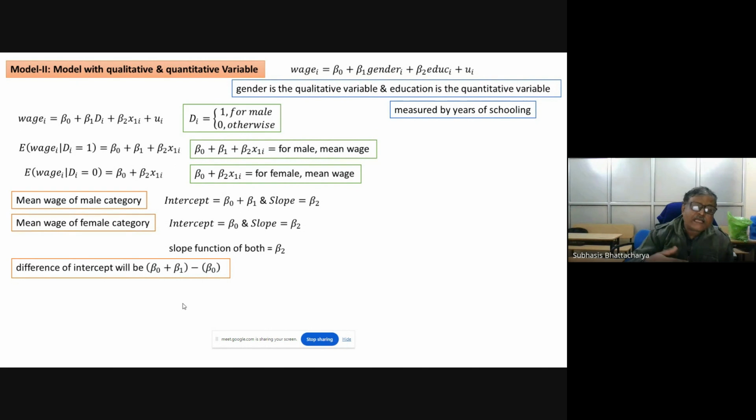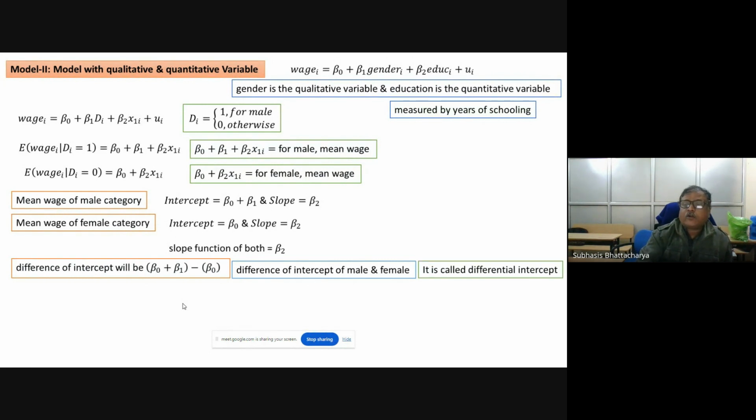So males are getting beta 1 amount of extra wages compared to the female in this case, when you introduce education with gender into the wage function. As a result, the difference of intercepts of male and female is called the differential intercept. That is, the intercept-wise difference is there, and the slope functions of both are equal to beta 2.